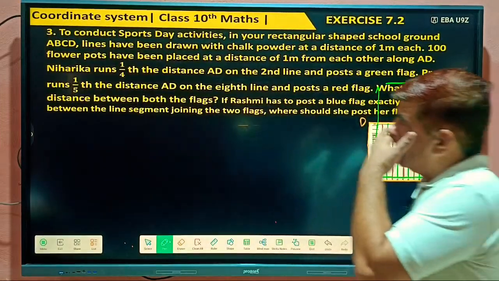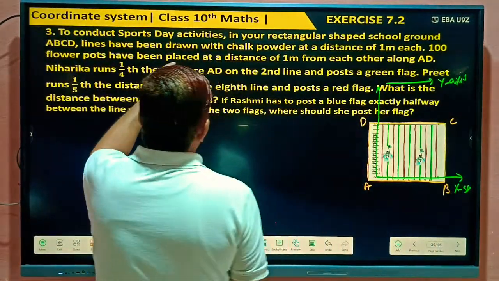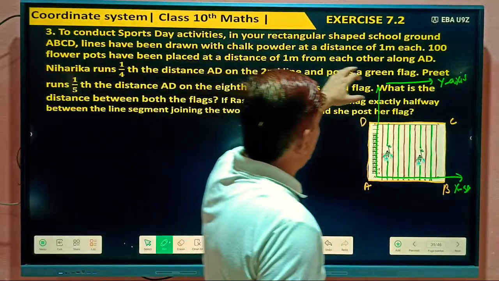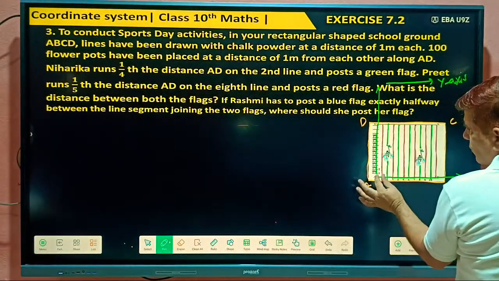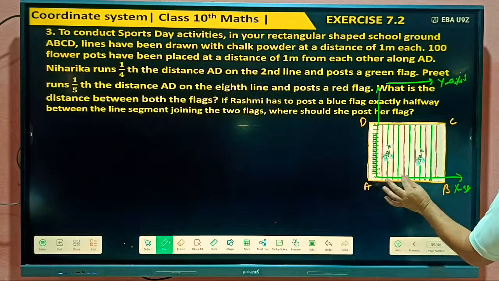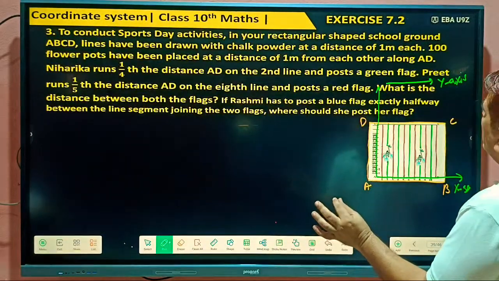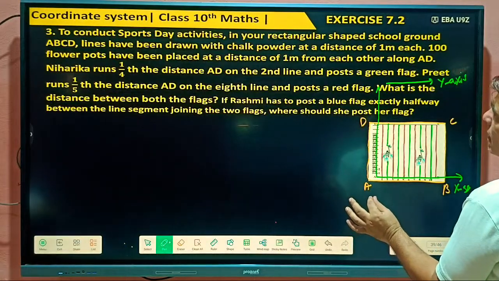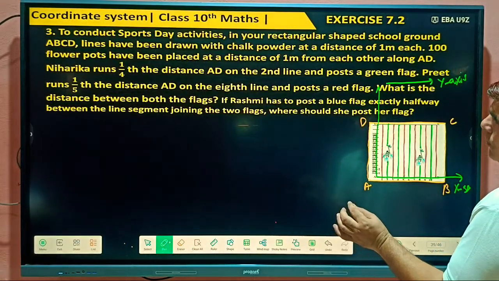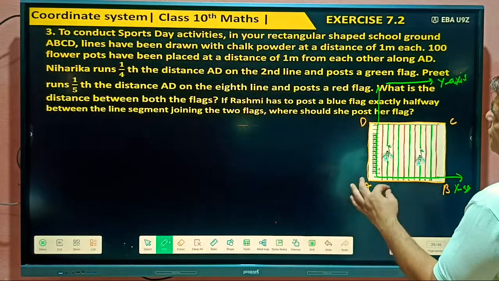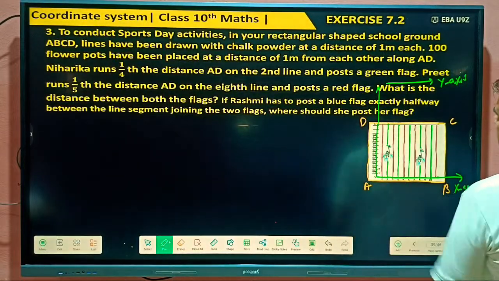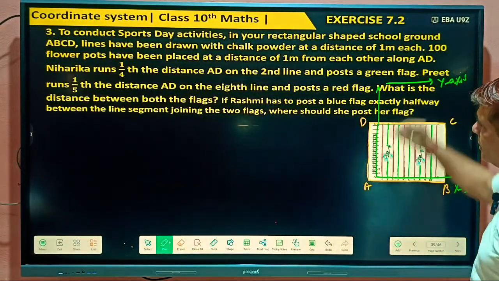Understood? Now try to understand. Lines have been drawn with chalk powder at a distance of 1 meter each, and 100 flower pots have been placed at a distance of 1 meter from each other along AD. AD side is this.